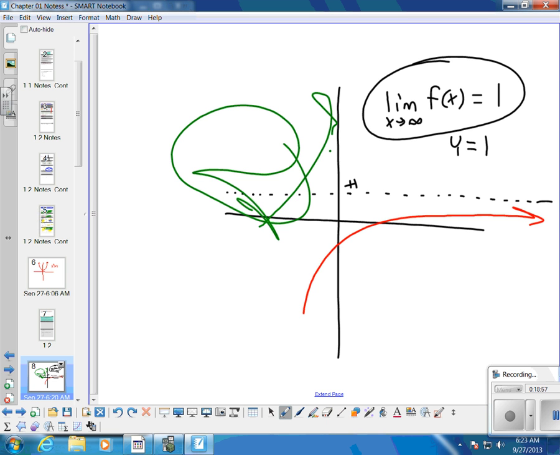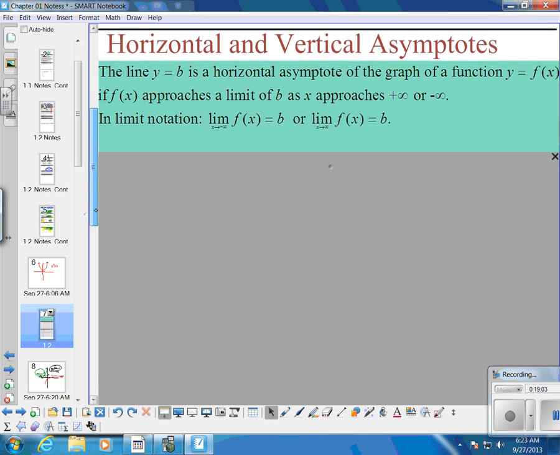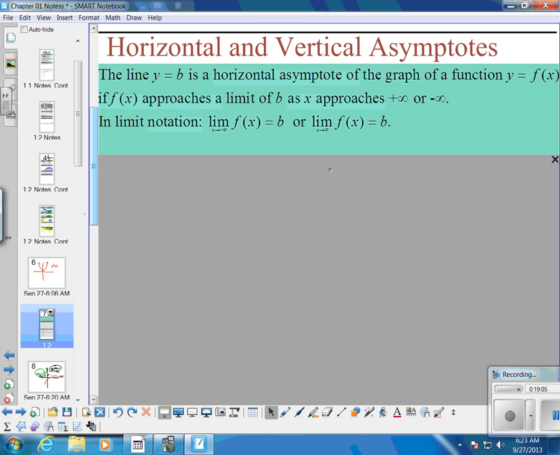So I know this is a confusing concept, but this is the idea that you need to start grasping. When we write in limit notation, it looks like this. As x approaches negative infinity and as x approaches infinity is real small, huddled under the regular size, the limit of f of x as x approaches infinity equals some number b.